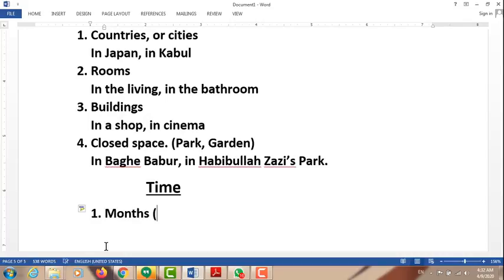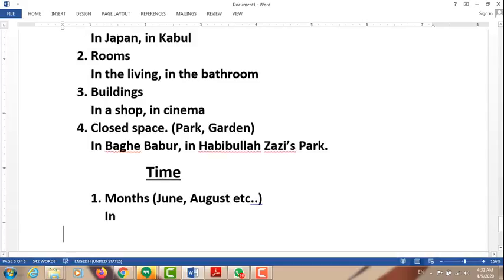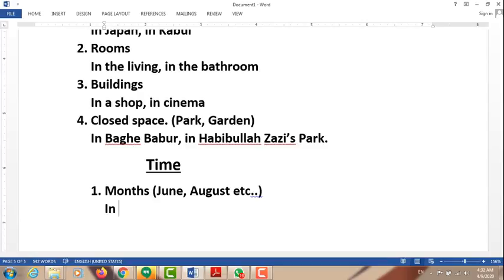Months of the year like June, August, and etc. Okay, for months of the year you also use what? You use "in". For example, I will say in June. In August, and so on.